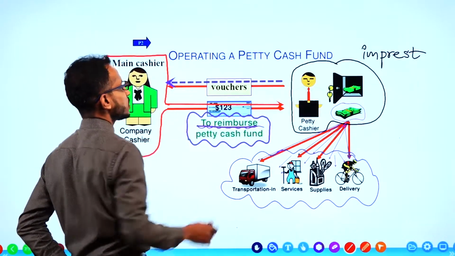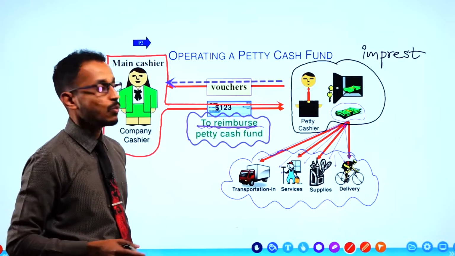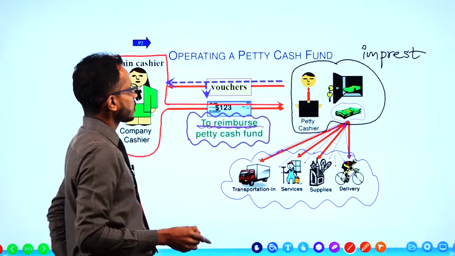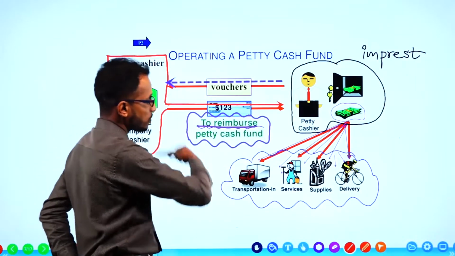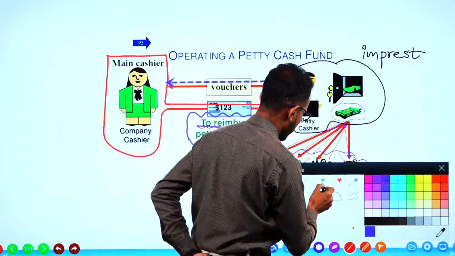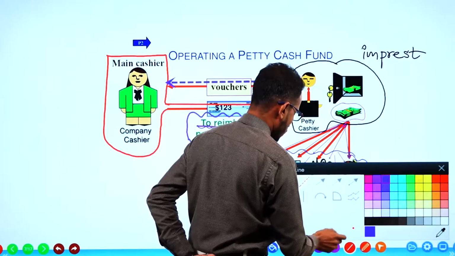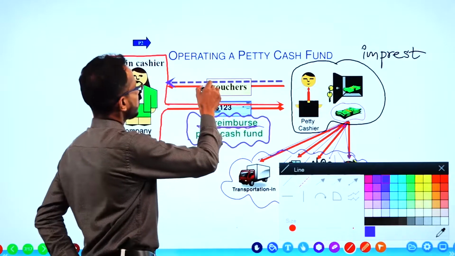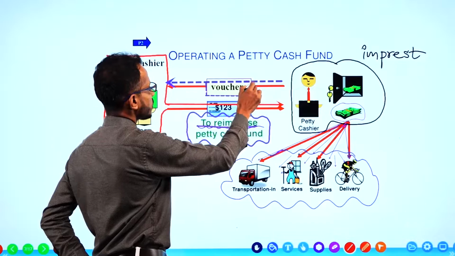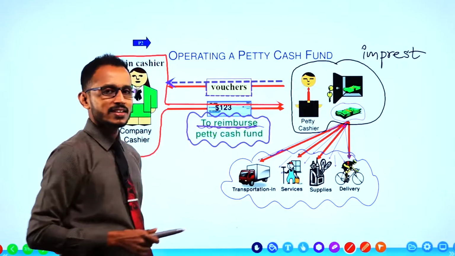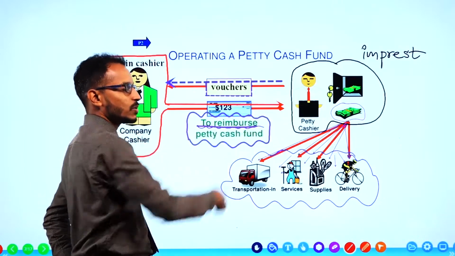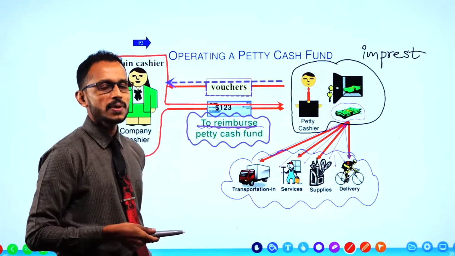What is the source document? Vouchers. With the vouchers, when he has produced the vouchers to the main cashier, then the main cashier reimburses that amount spent by the petty cashier.